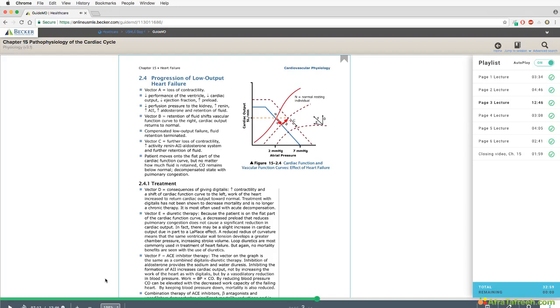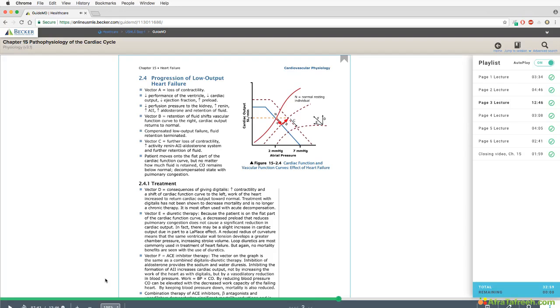A good clinical book will state, with low output heart failure and pulmonary congestion, you can give a diuretic to relieve that congestion, to decrease preload in the left ventricle, but you don't lose performance as long as you stay on the flat part of the curve. As you move along vector E, you may actually see a slight increase in performance.